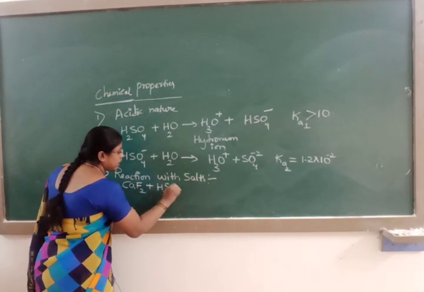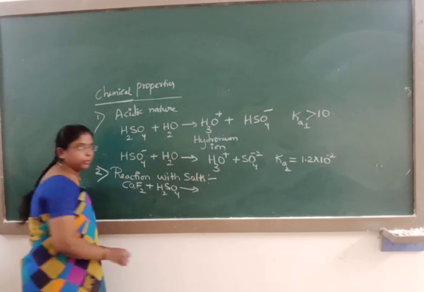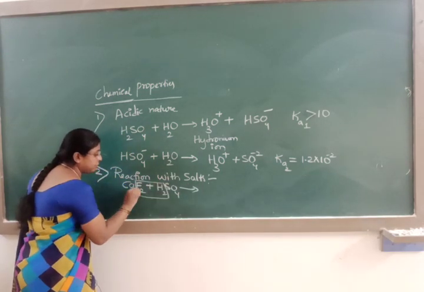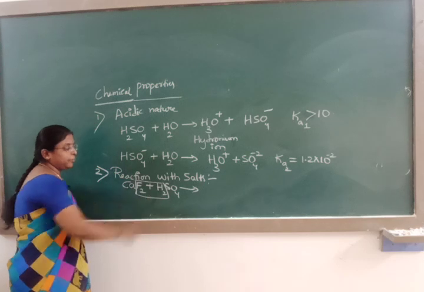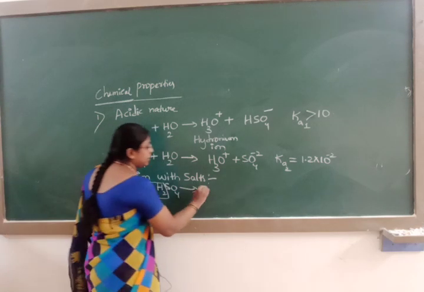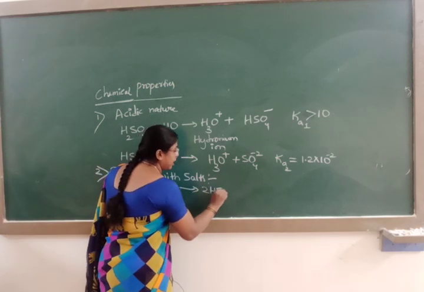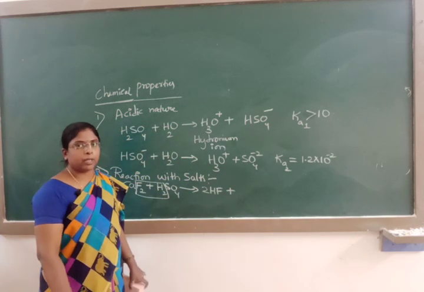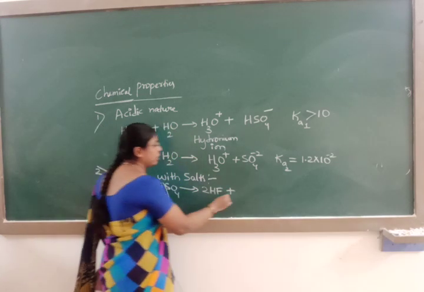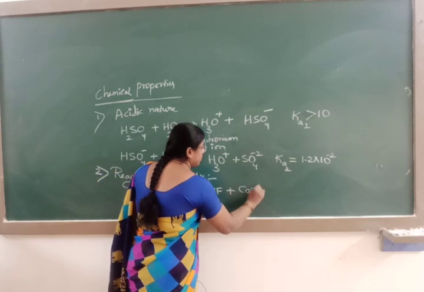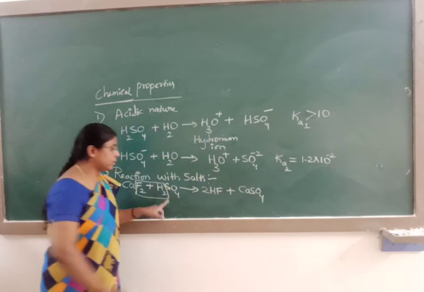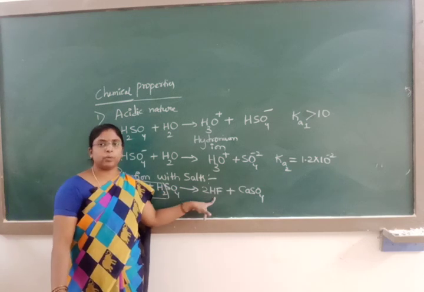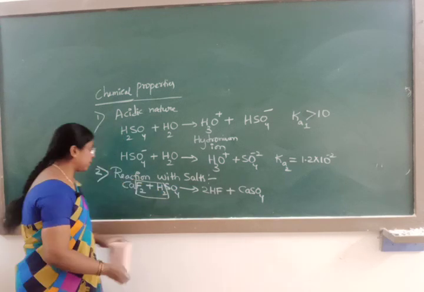we get 2HF and the remaining is CaSO4. HF is hydrofluoric acid, a very strong acid and highly volatile. So, using a low volatile acid like sulfuric acid, we have prepared a highly volatile acid.